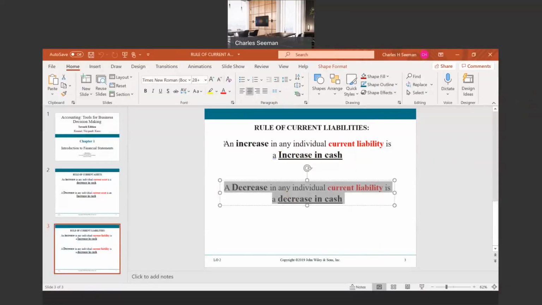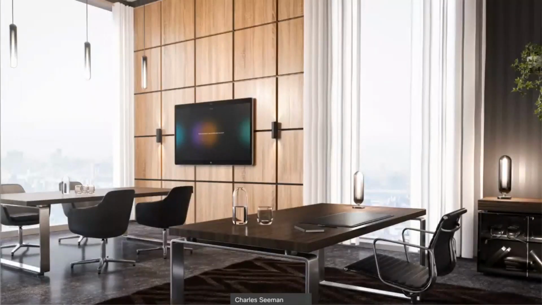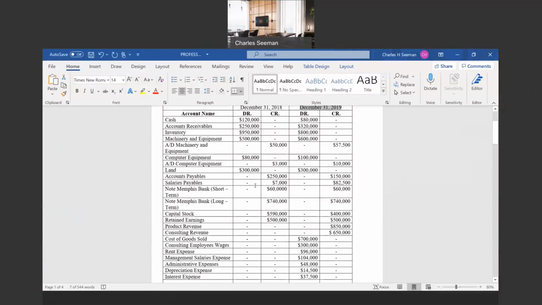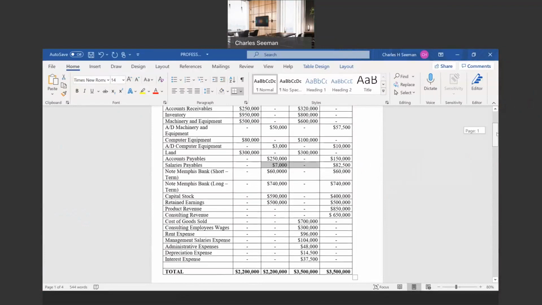An increase in any individual current liability is an increase in cash. So this would be an increase in cash of 75,500. Salaries payable went from $7,000 to 82,005.